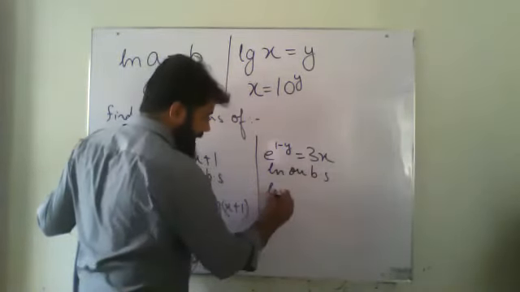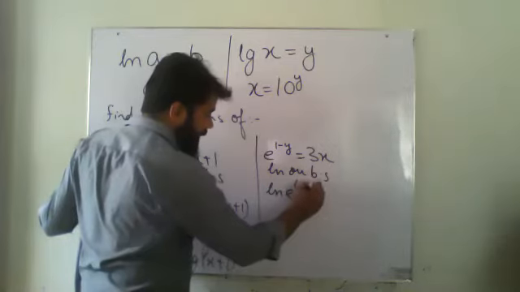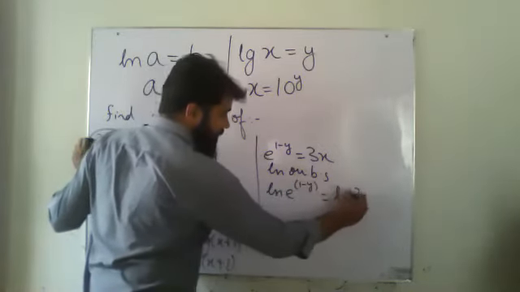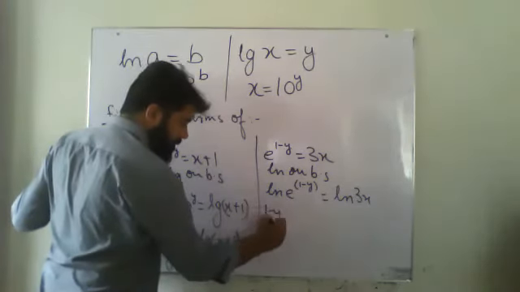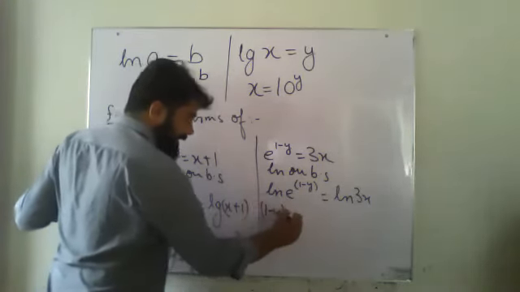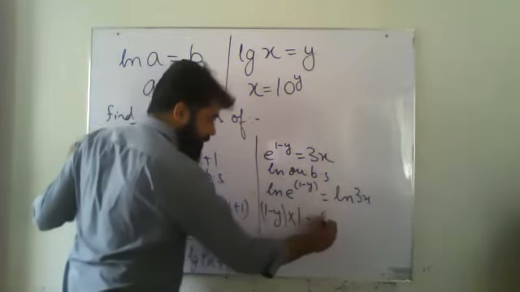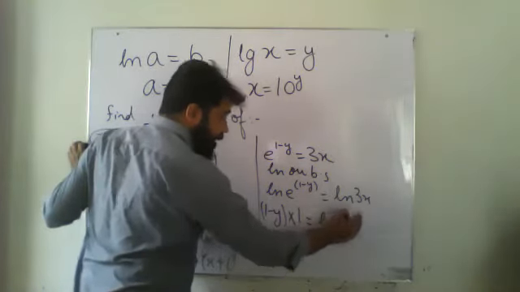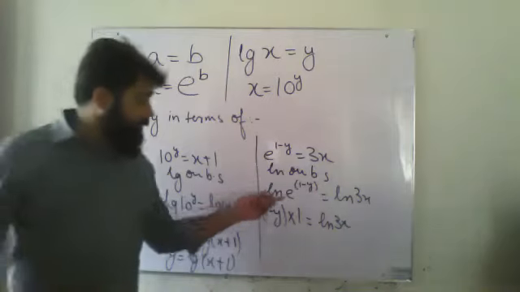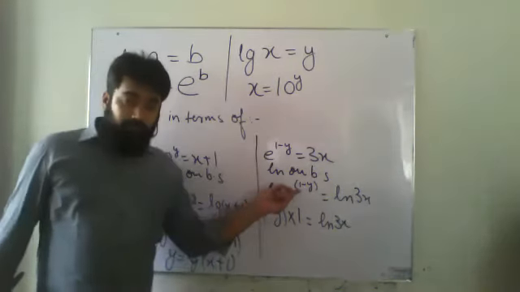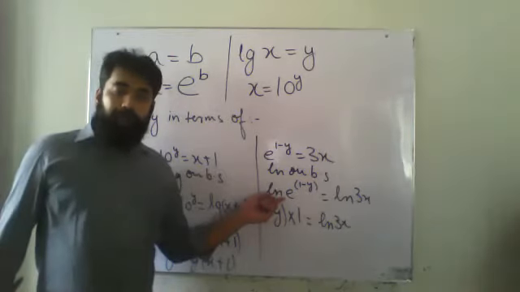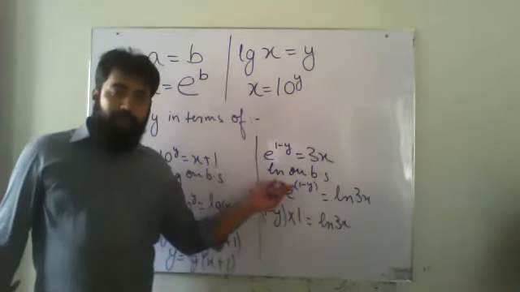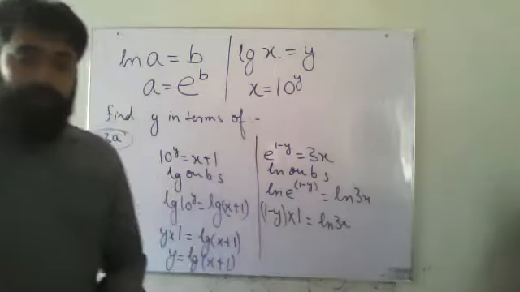So ln e^(1 minus y) equals ln 3x. 1 minus y will be written before the log, and ln e will become 1, equals ln 3x. Always remember that you will first remove the power and then you will apply the log with the multiple. Don't do it when you have a power other than 1.